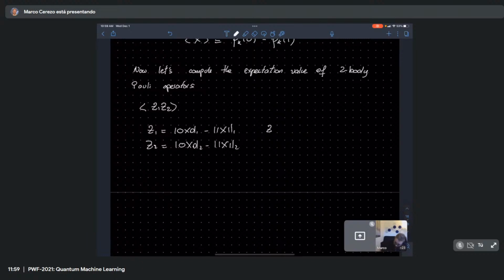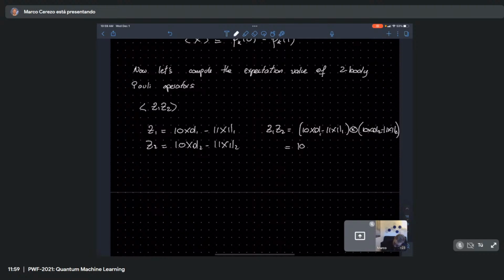So what is Z1 Z2? This is going to be this product right here. We're going to have |0><0| minus |1><1| on qubit 1, tensor product |0><0| minus |1><1| on qubit 2. And we actually know how to do this tensor product.